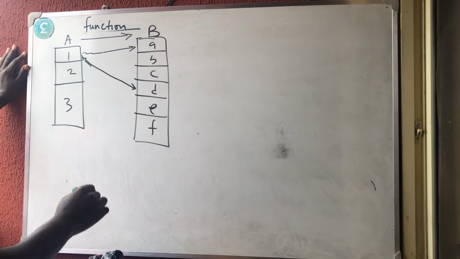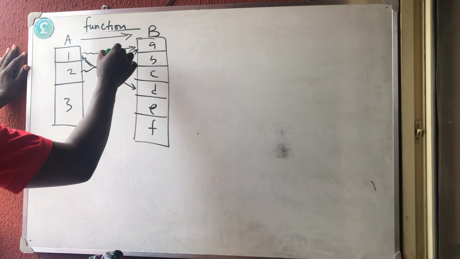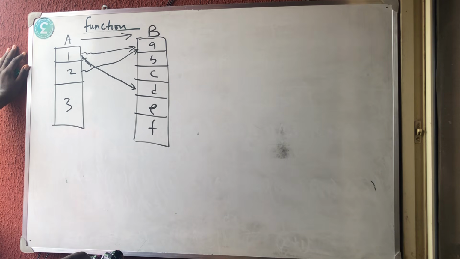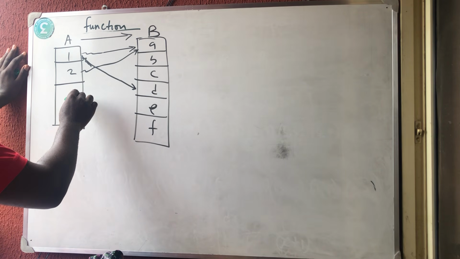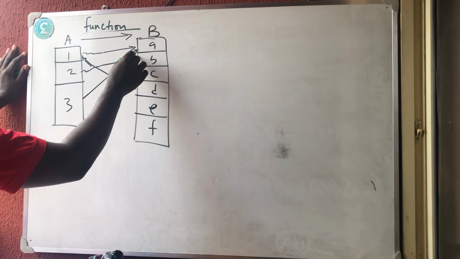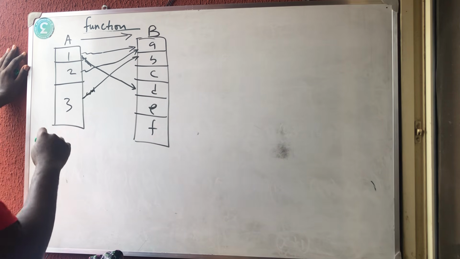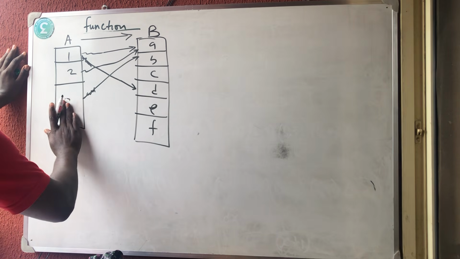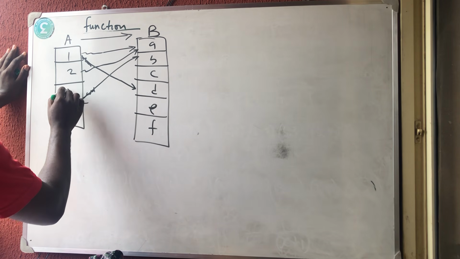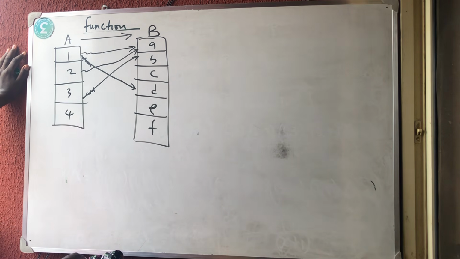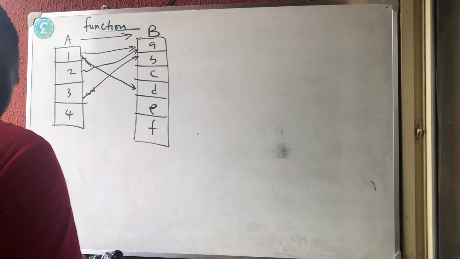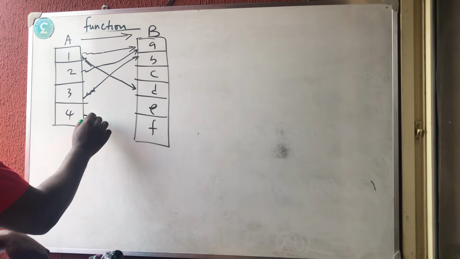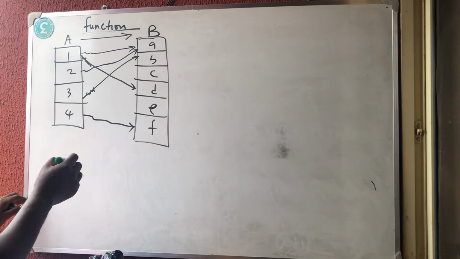So the next one, this to this. Number 3. 3 to B, and 3 to C. Okay, I have 4 here. And 4 to F.